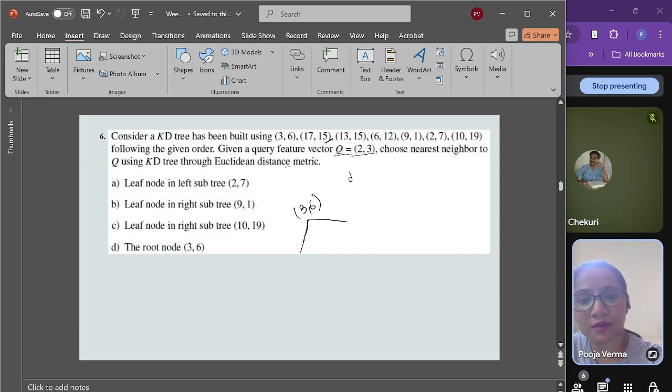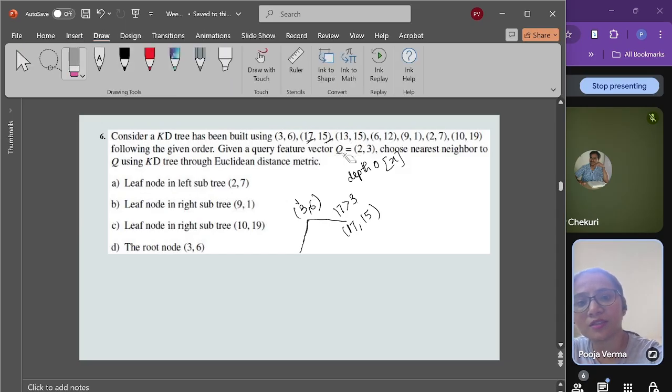It is depth 0, so based on the x. This next value is greater than 3, so it will go to the right side. 17 is greater than 3. So 17, 15 will go again to the right side because 17 is greater than 3. Okay.